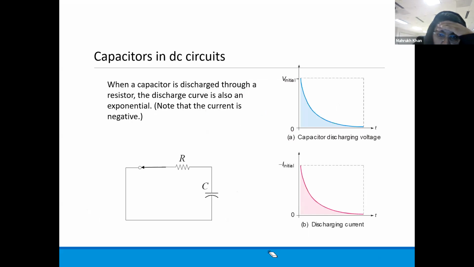If the capacitor is charged and you close the switch, it acts as a temporary battery, and its discharging voltage and current curve should be this. That's how the capacitor will discharge across the time axis.